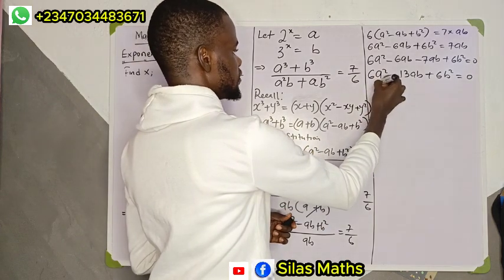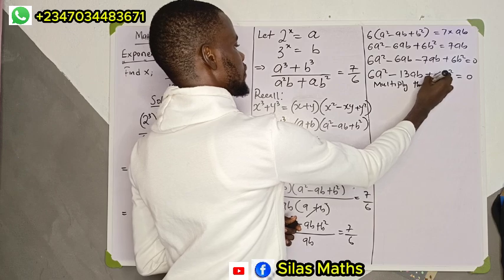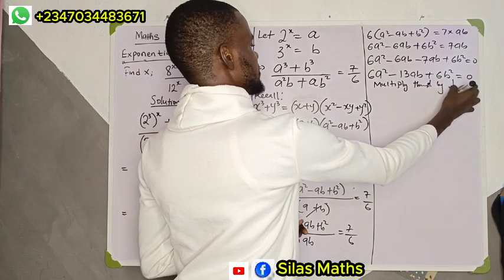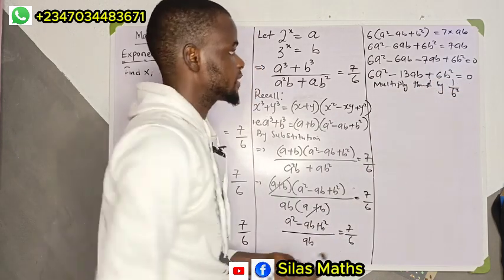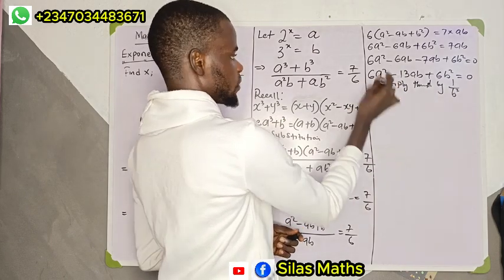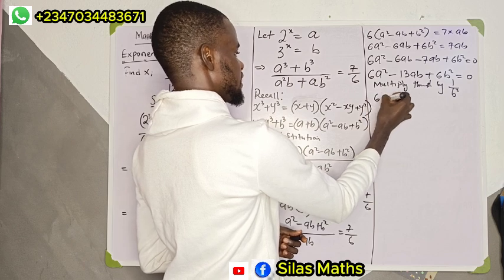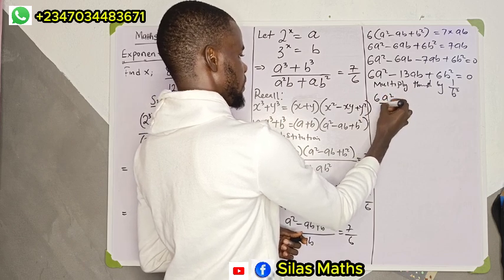So multiply through by 1 over b². Beg your pardon, 1 over b². So in doing that, I'm going to have 1 over b². I'll multiply this first one: 1 over b² times 6, I'm going to have 6a² over b².